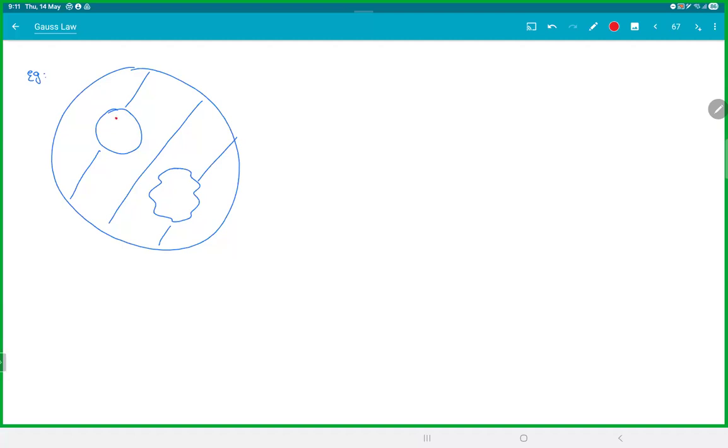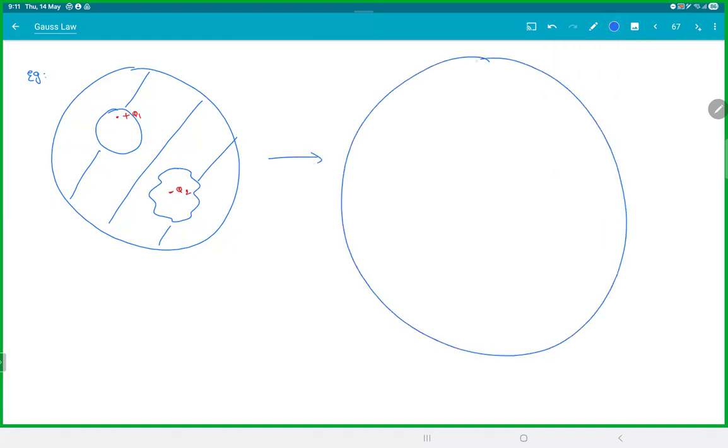Let's say I don't keep it at the center, I'm keeping it a little to the side. And here, let's say I keep minus Q2. I kept plus Q1 and minus Q2. Now, if I ask you to draw the field lines, the distribution, it looks like this. I'll just draw a big one.